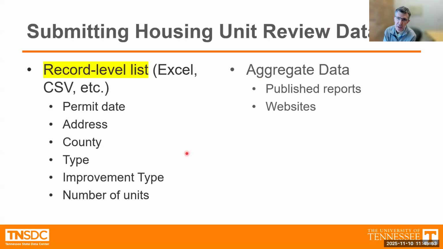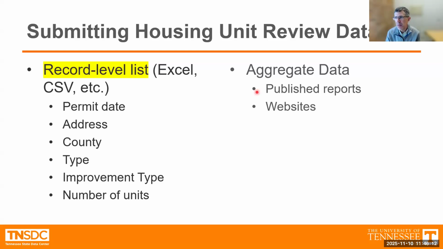The types of data that you can submit is in two forms. One, you can give us aggregate data, which is a reporting on an annual basis. We'll have to work with you a little bit on this one. It needs to be coming from published reports or from websites or other places that are publicly available.